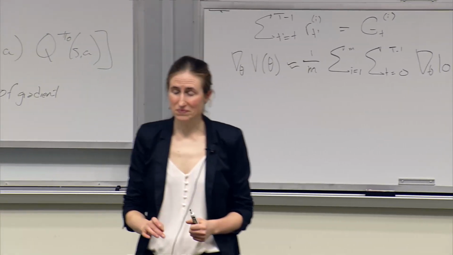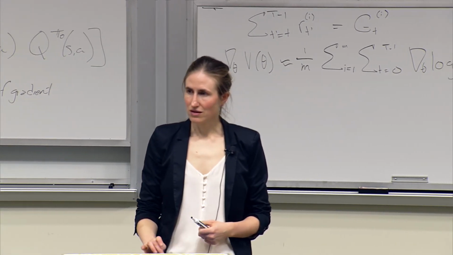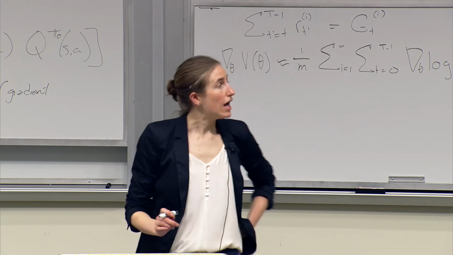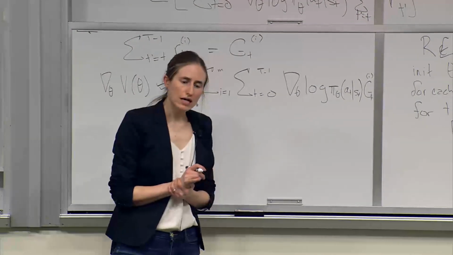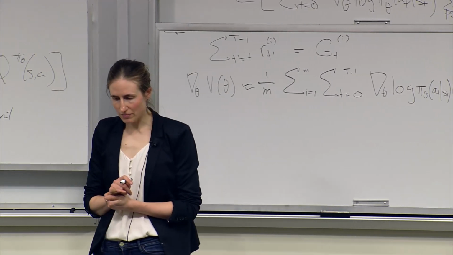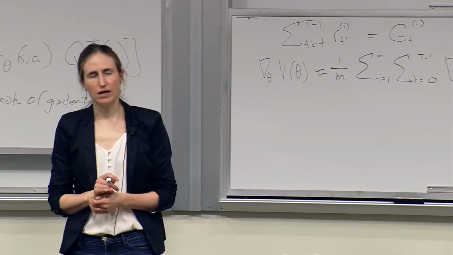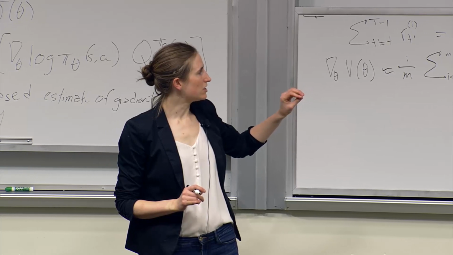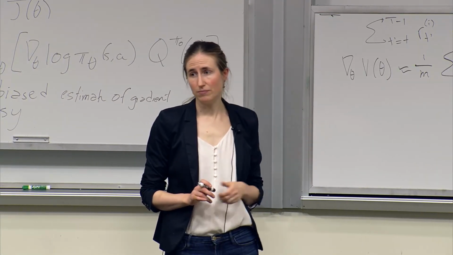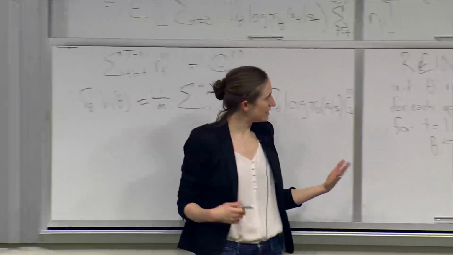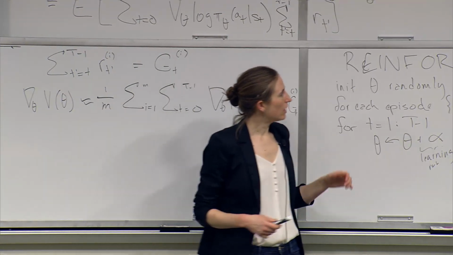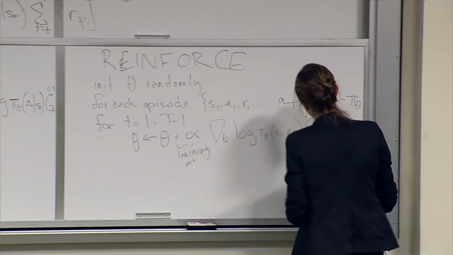Since we're doing every time step updates, would this be a biased method? Good question. This should still be an unbiased estimate of the gradient. It's stochastic, but there's not a notion of state and action value in the same way. This will be asymptotically consistent.